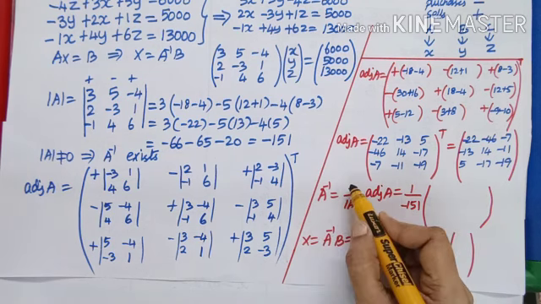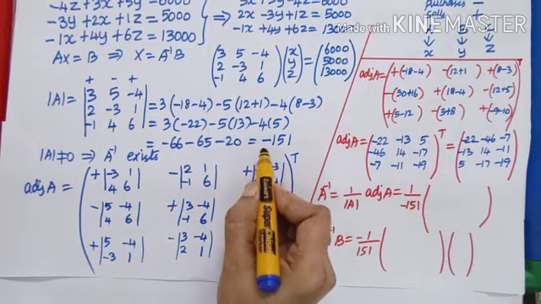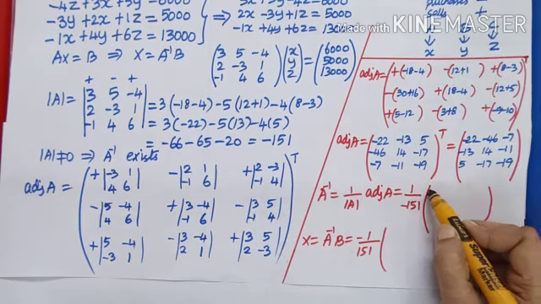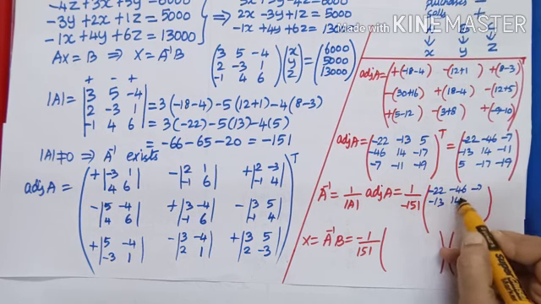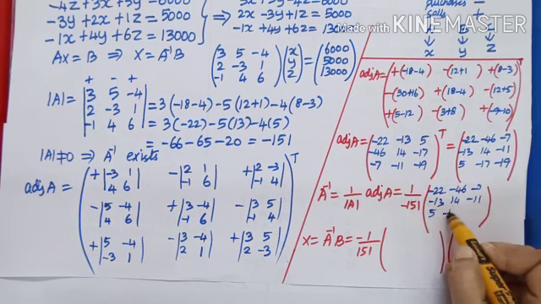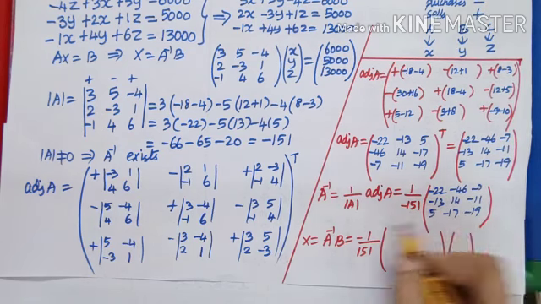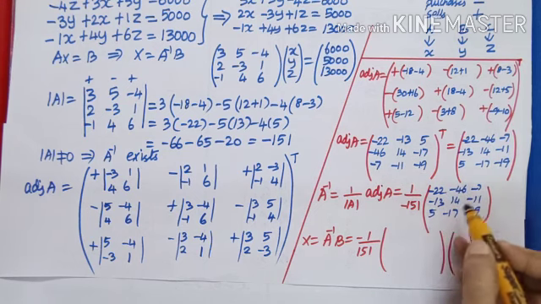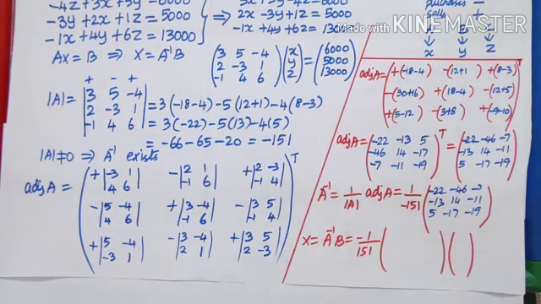A inverse is 1 by determinant A into adjoint of A. 1 by determinant is minus 151. Adjoint, copy from here. And to divide by 151, this determinant and the adjoint, we have to multiply with the right hand side. Fill up.